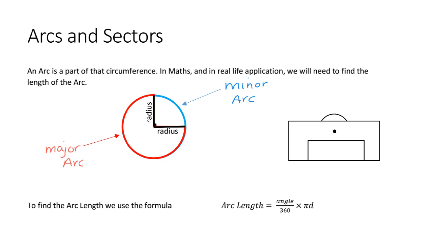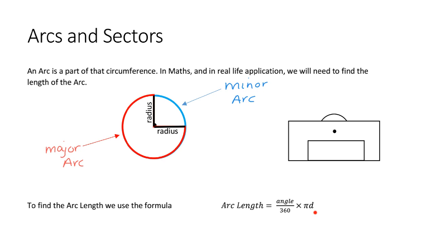The formula that we use to find the length of an arc is detailed here. It's called arc length equals angle over 360 multiplied by pi D.